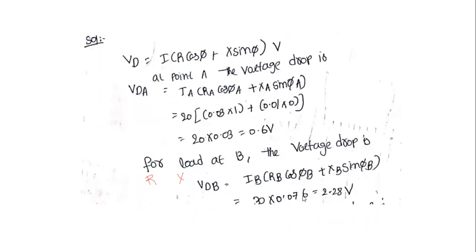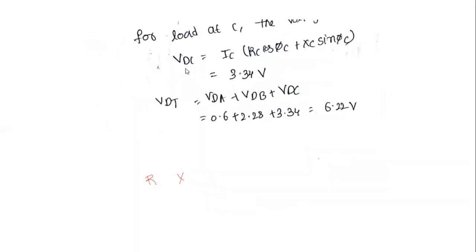Substituting these values in this equation, we obtain 2.28 volts. This is the voltage drop across the B to D.